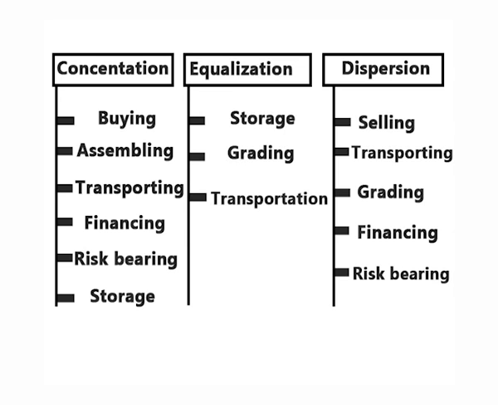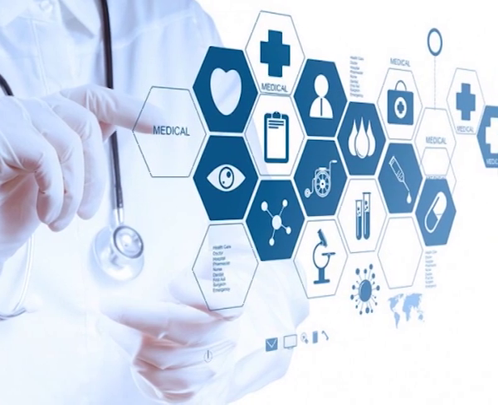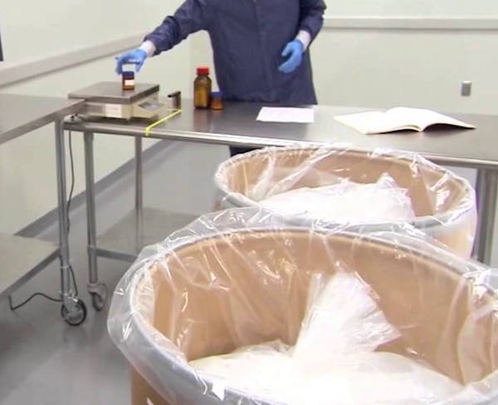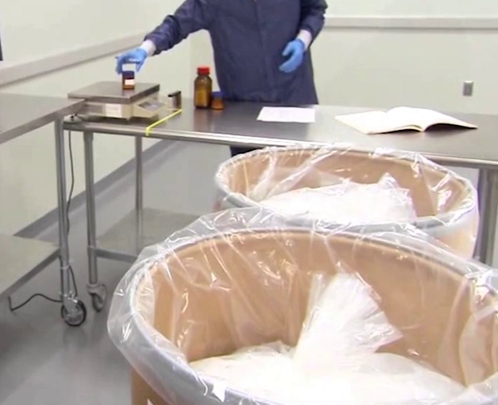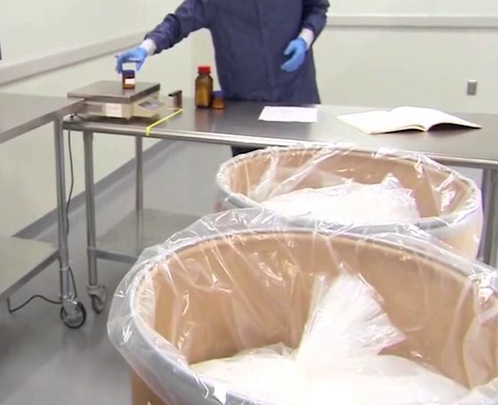A classification of the marketing process based on the flow of goods from the producer to the consumer is defined as follows. First is buying. Buying is the first step in pharmaceutical marketing. It is concerned with the selection of raw materials to be used in the process of manufacture of pharmaceuticals on the basis of price, services rendered by the seller and the quality of the goods.